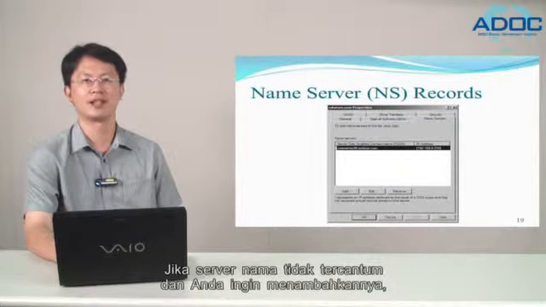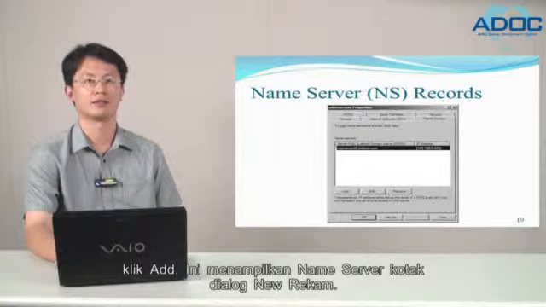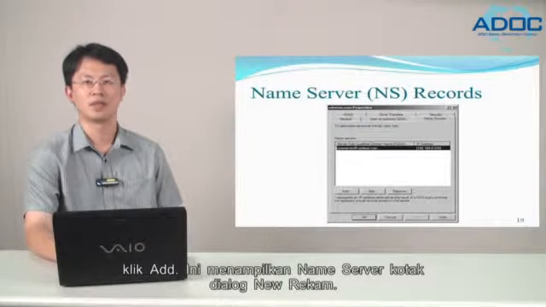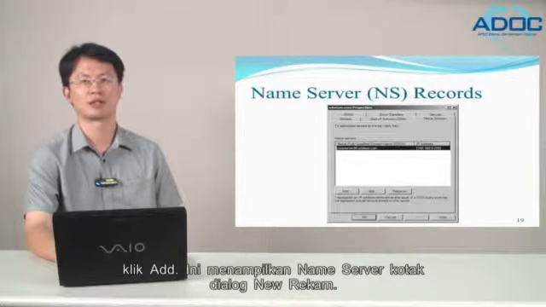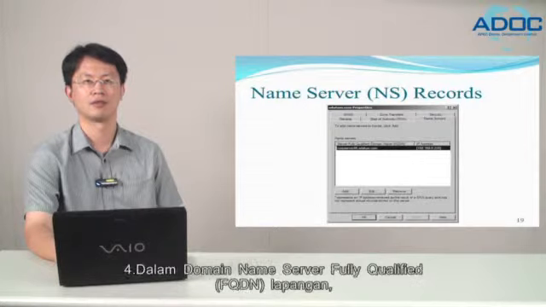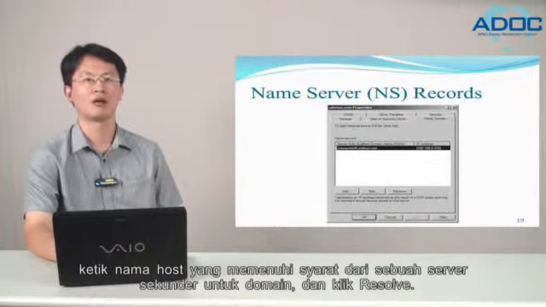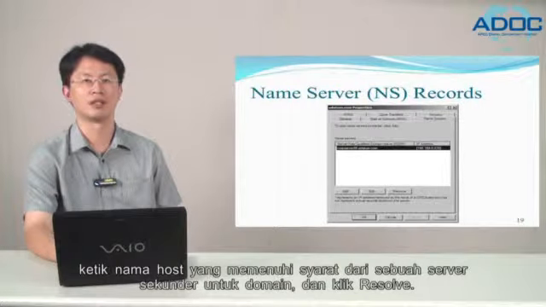If a name server isn't listed and you want to add it, click Add. This displays the New Name Server Record dialog box. Fourth, in the Server Fully Qualified Domain Name (FQDN) field, type the fully qualified host name of a secondary server for the domain, and click Resolve.